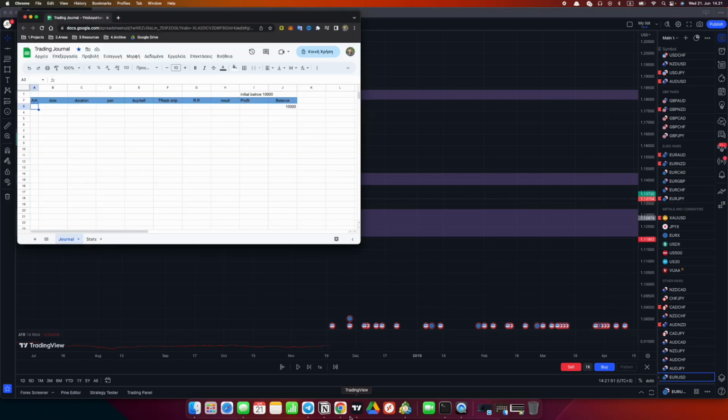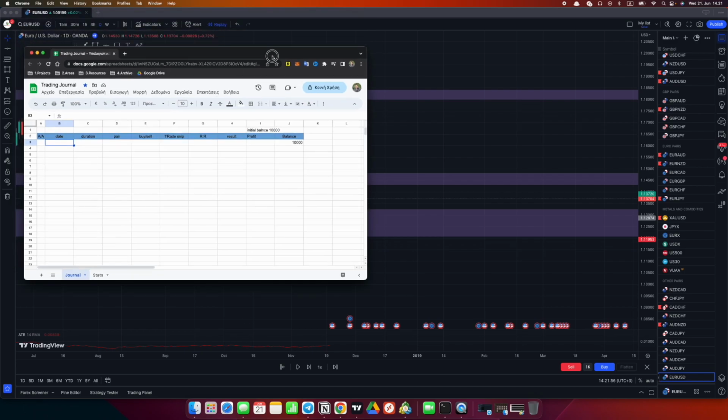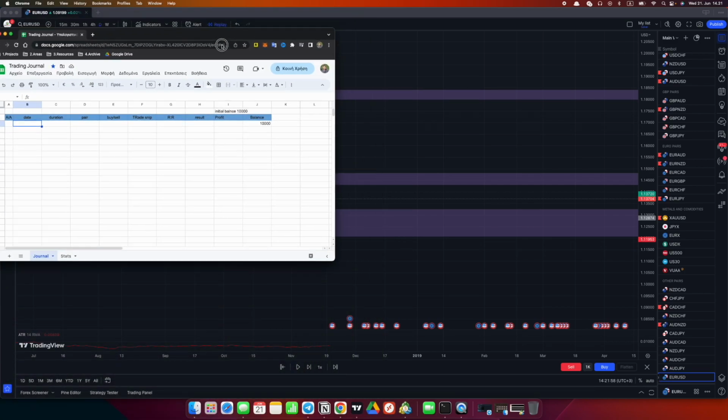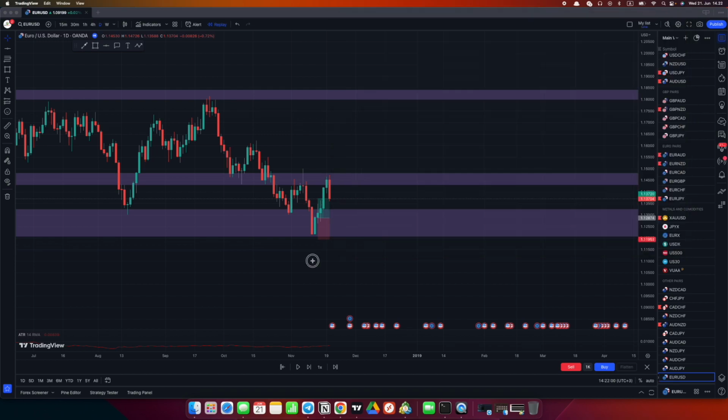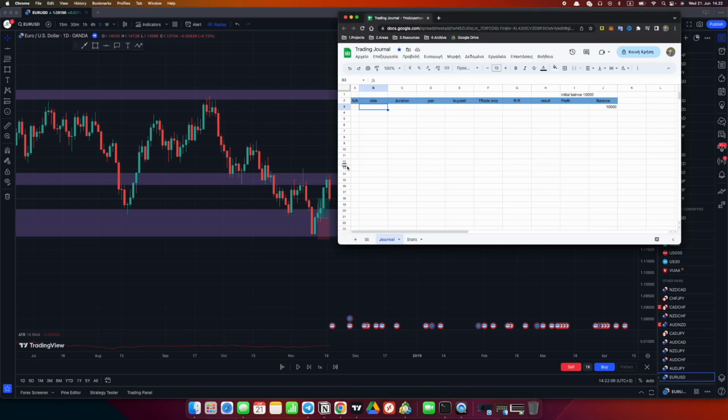So in that case, I would go to my Google Sheets. I will mark the date that I opened the trade. The duration of the trade, it took 1, 2, 3, 4 days. Here is EUR-USD.